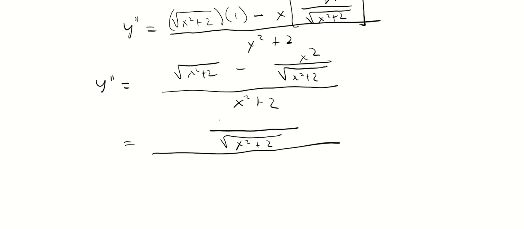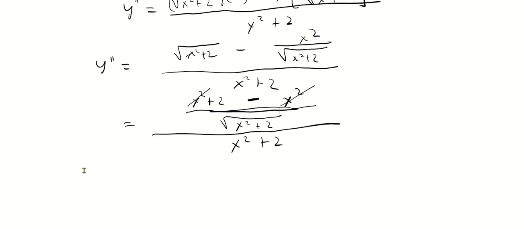Then we cross multiply with the square root of x squared plus 2. So the square root will also cancel out. So it's just equal to x squared plus 2. Then minus x squared all over x squared plus 2. Then here we can cancel out x squared. X squared minus x squared is 0.